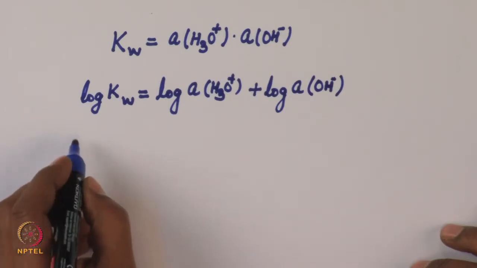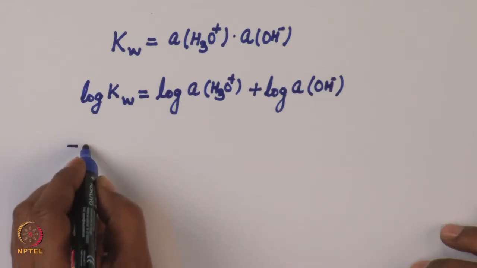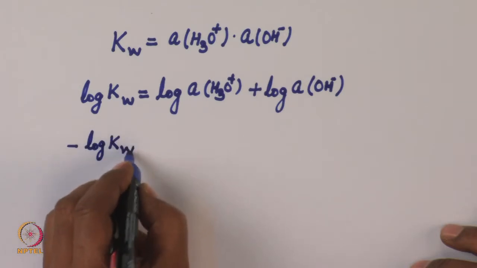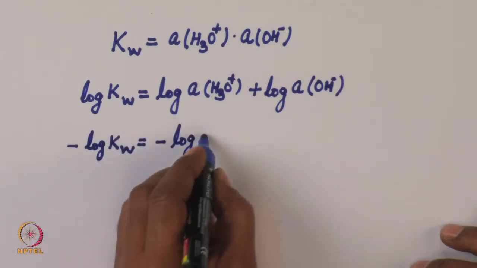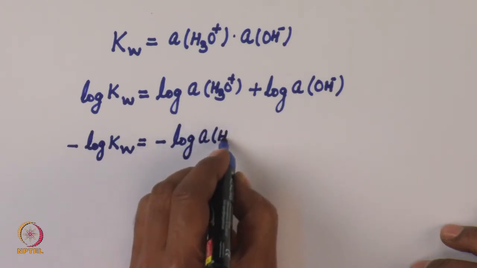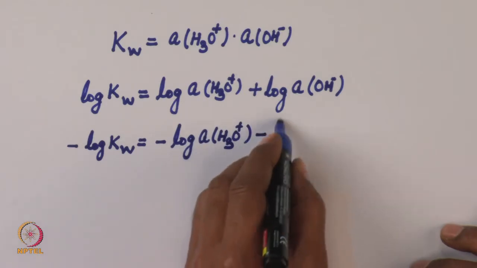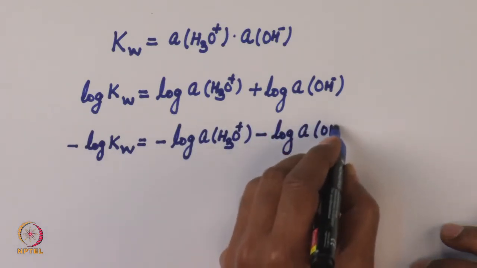And let me multiply both sides by a negative sign: minus log Kw is equal to minus log activity of H3O plus, minus log activity of OH minus.